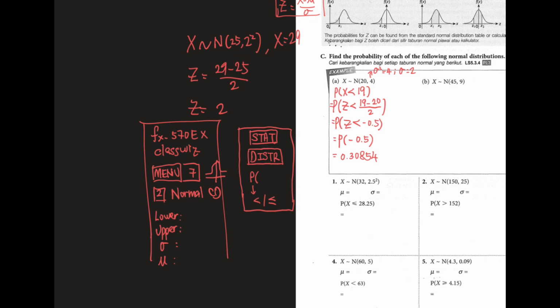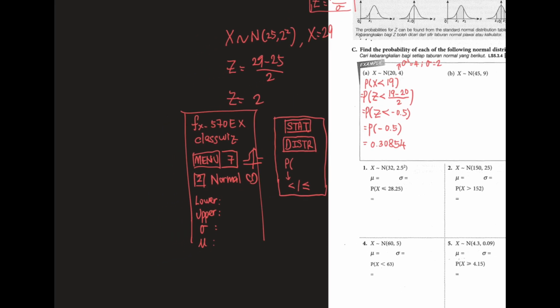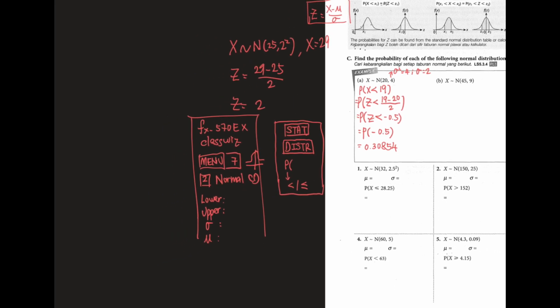I will tell you what to press for each of these. I will draw the graph at the same time so that you understand the graph together with how you press the calculator. When you change it to Z, the graph always has its maximum on the vertical axis, which is the f(z) axis.